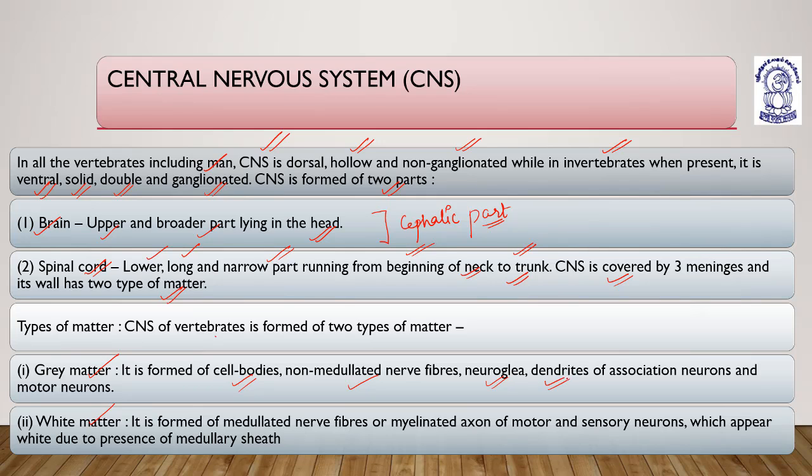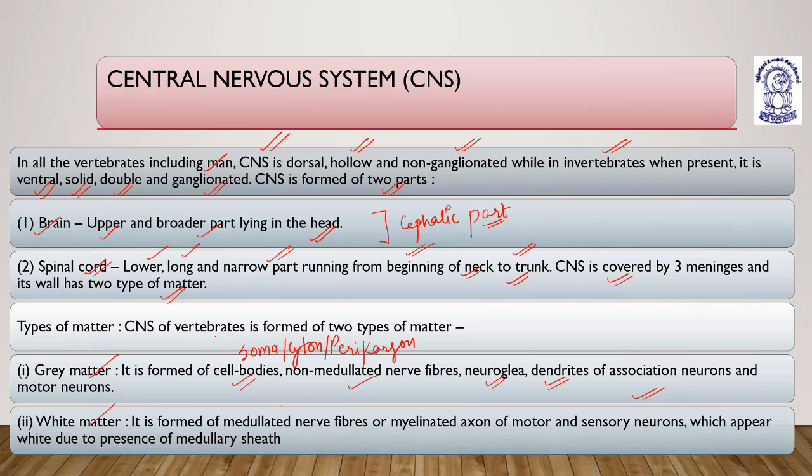It consists of dendrites of association neurons and motor neurons.